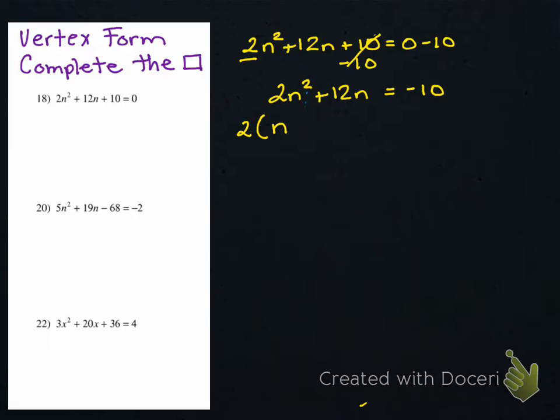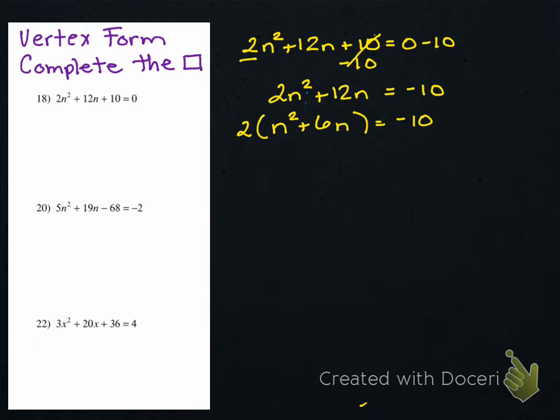This only works if my quadratic has a coefficient of 1. So it's just a quick bit of algebra, way back in the day, when we would take the GCF out of a polynomial. And there we go. We have 2 times the quantity n squared plus 6n.